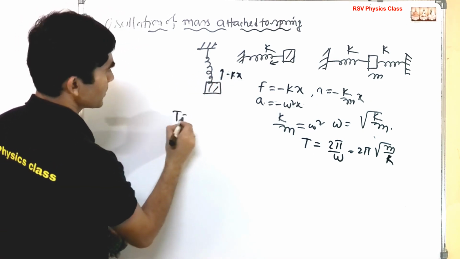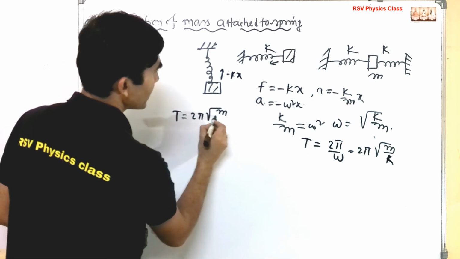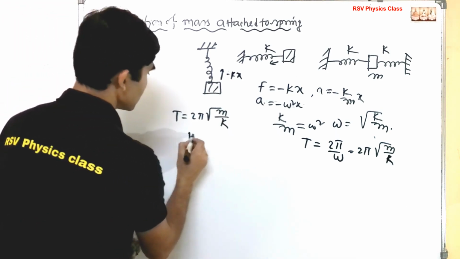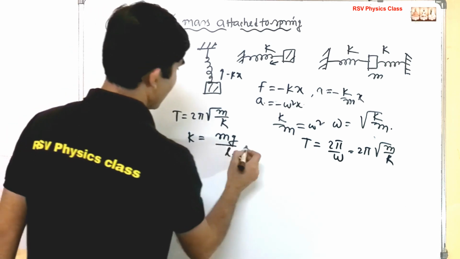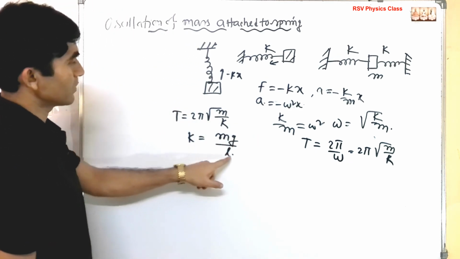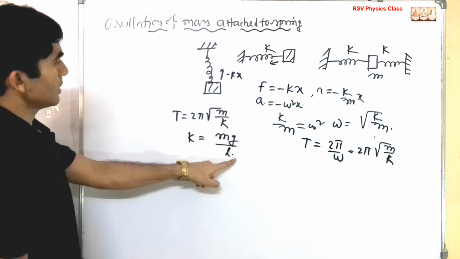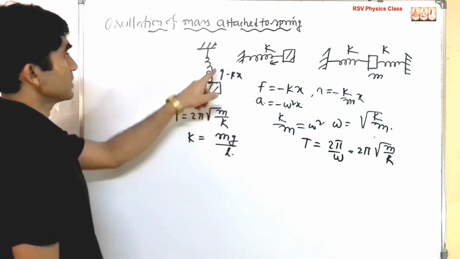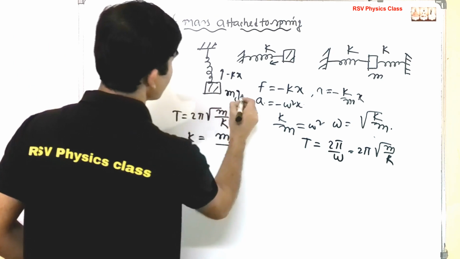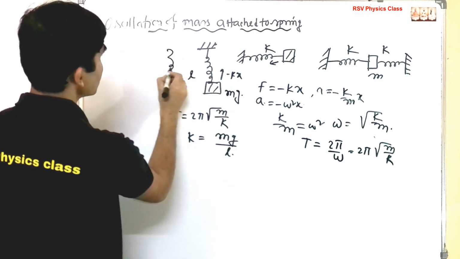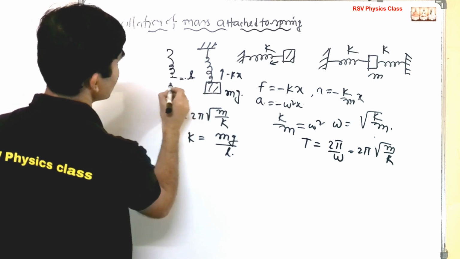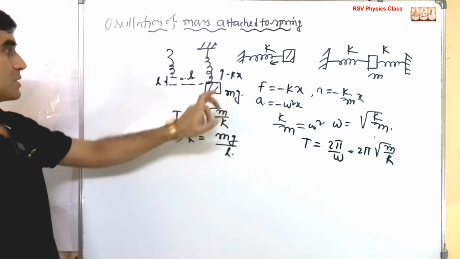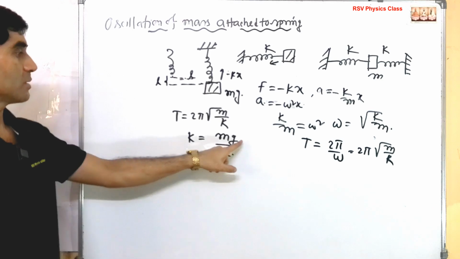Similarly time period equals 2 pi root over of m by k, and this k sometimes you can also explain as just spring constant. Here this is the force required for unit length. This m, this is your mg. Now this is the normal spring length, now suppose its length increased a little. This is your length increase due to hanging a mass mg. So k will be mg over l.